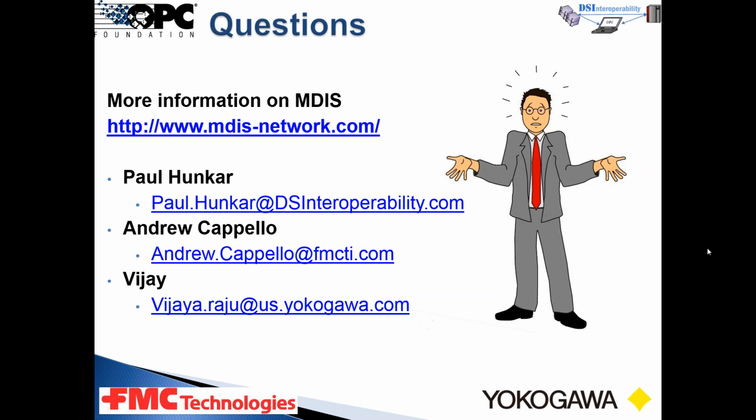The subsea vendors that were at the last IOP included companies like Cameron, OneSubsea, ProServe, Acre, GE, and there are others too that are working on it. So the subsea side actually has quite a few. If you want the full list of who's involved with MDIS, you can go to that URL for the MDIS network, and they publish a list of all the currently active companies, including the operating companies that are working on it.